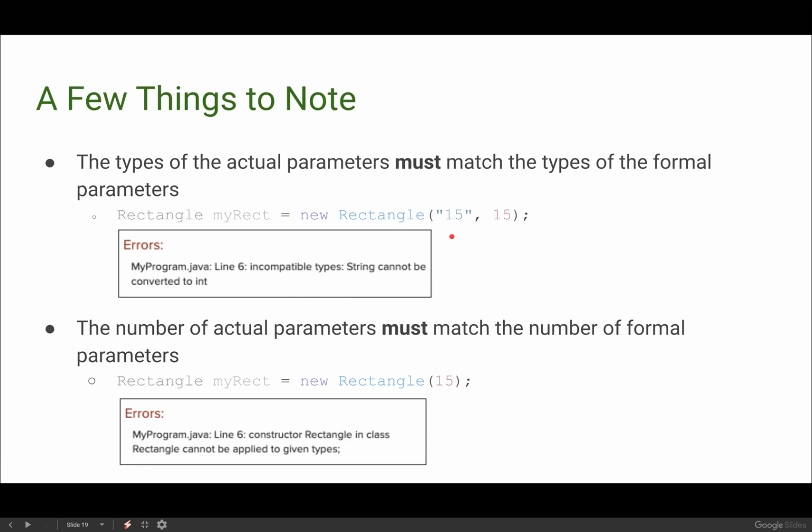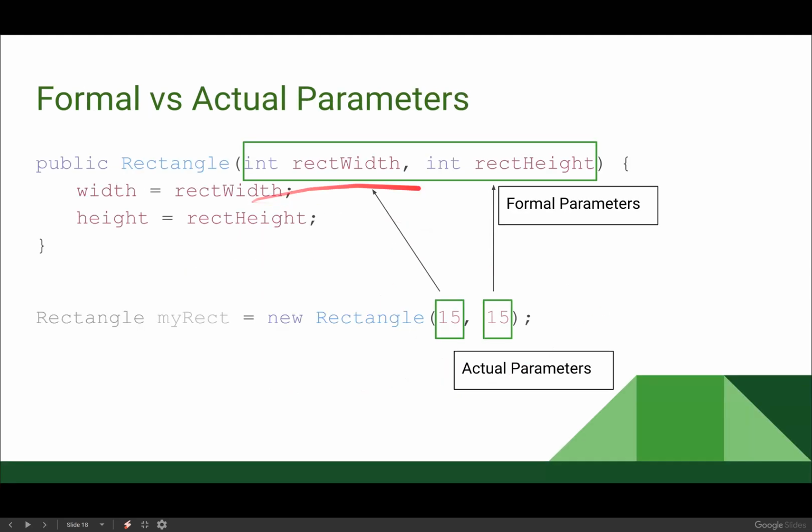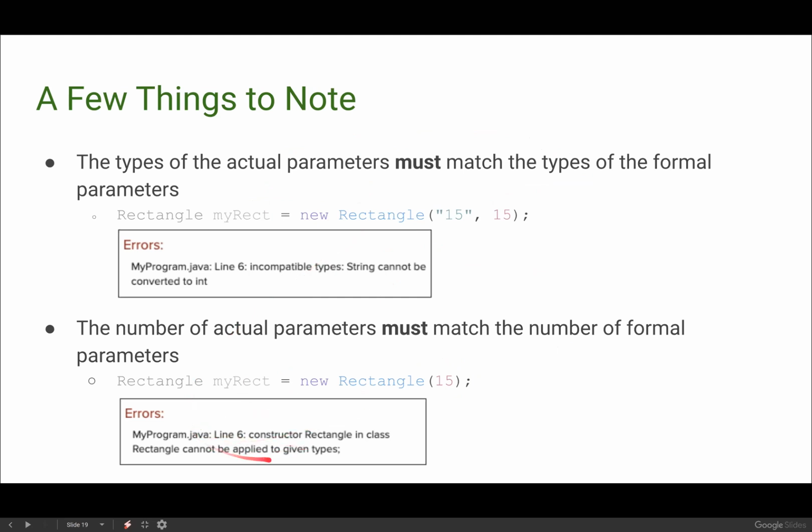when I try to give an invalid type as an actual parameter. And second, the number of actual parameters needs to match the number of formal parameters. So if I try to create a rectangle and only give it one number, Java is not going to know what to do in that situation. I'm expecting to get two numbers. If I only give it one, Java is going to throw this kind of error.